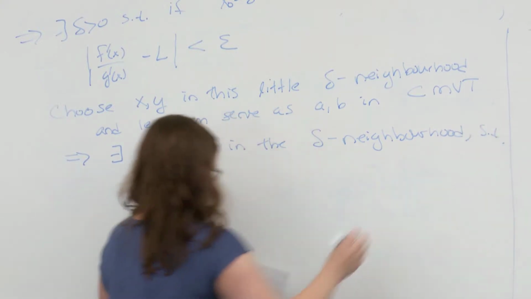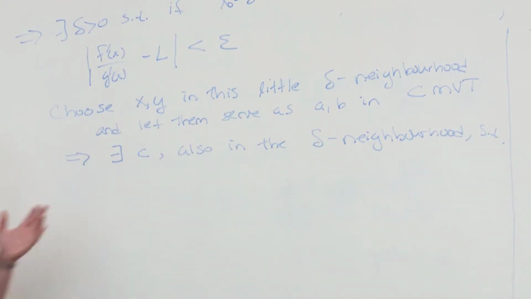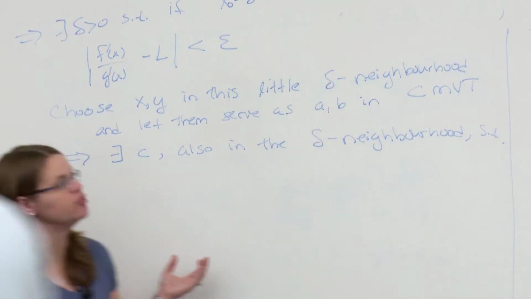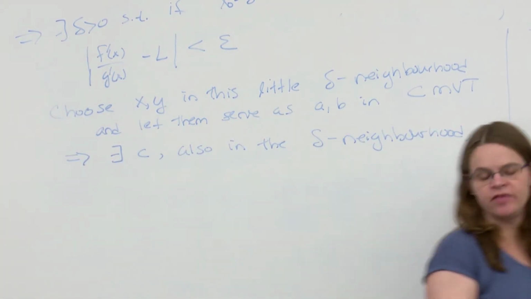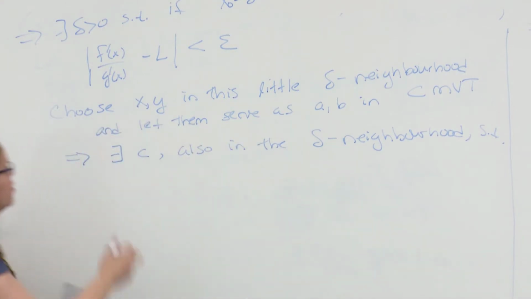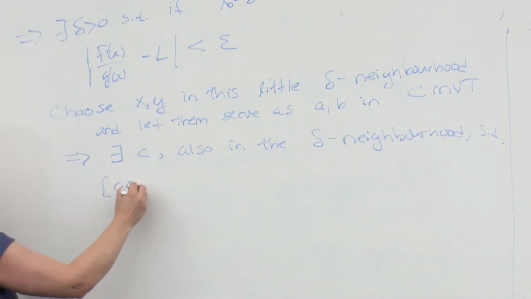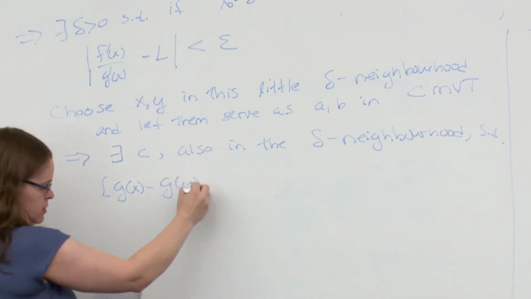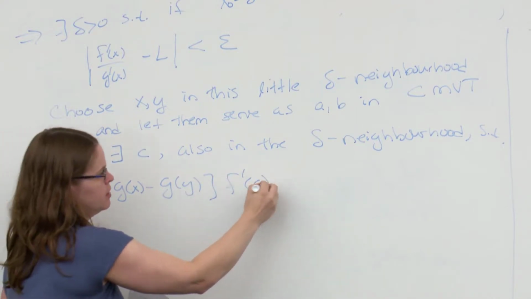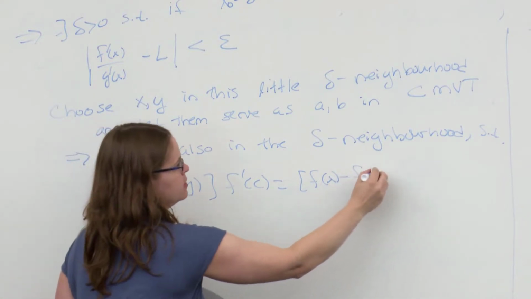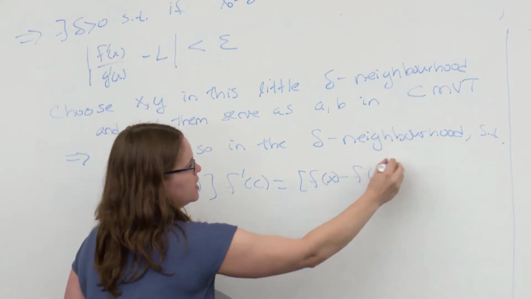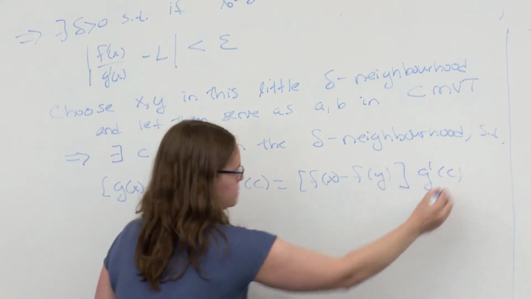Such that, and then I'm going to write down the results of my Cauchy mean value theorem. Exactly this, but now we have x and y instead of a and b. Such that g of x minus g of y times f prime c equals f of x minus f of y times g prime c.